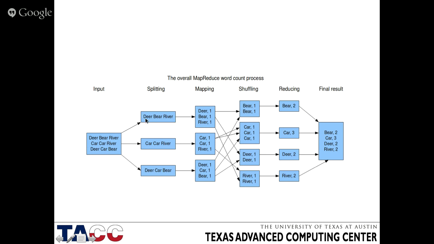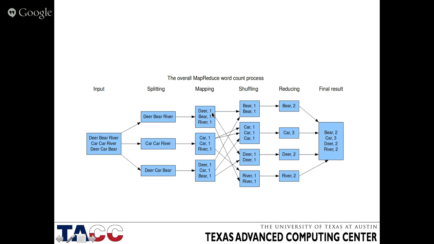Once it has been split, you can write a map function that counts whatever input data that particular node has and generates key value pairs. In this case, the key is the unique word you found in the input data, and the value is always just one.